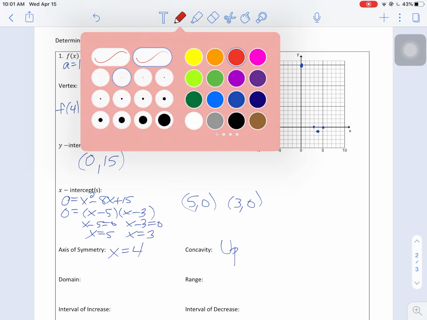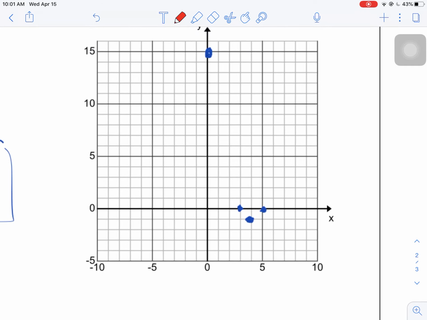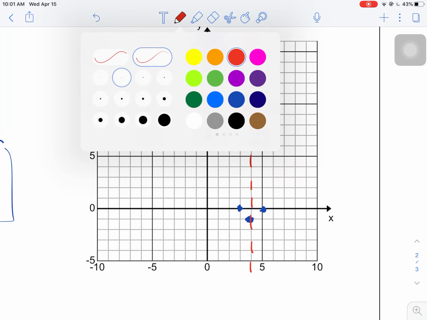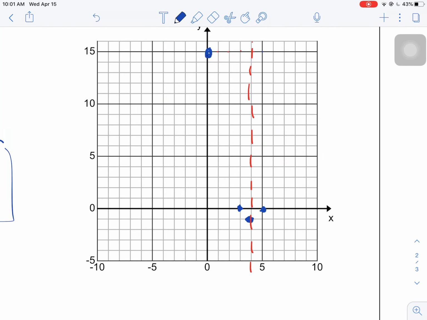And then I'm also going to put in my axis of symmetry through my vertex. So there's my axis of symmetry going through my vertex. My y-intercept is 1, 2, 3, 4 units away. So let me go 4 units on the other side. 1, 2, 3, 4. Just to get a little bit more of an accurate sketch of my parabola.